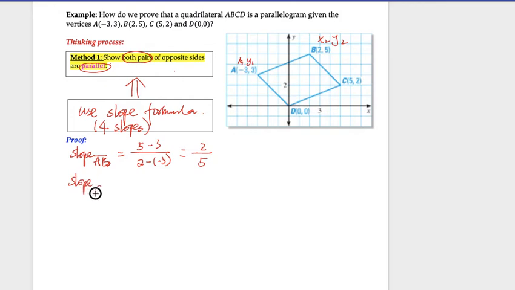It's always a good idea to go with a pair. So AB matches CD, so I'm going to do CD here. This one I'm going to use rise over run. So rise 1, 2, run 1, 2, 3, 4, 5. So this means AB is parallel to CD because they have the same slope.